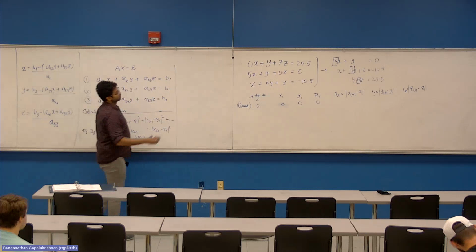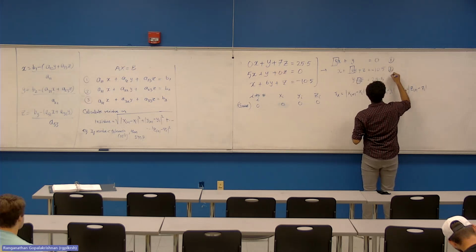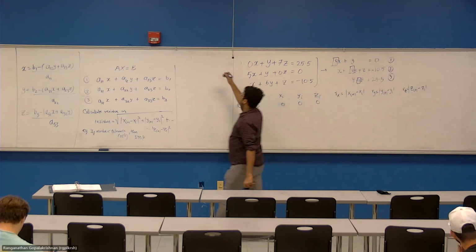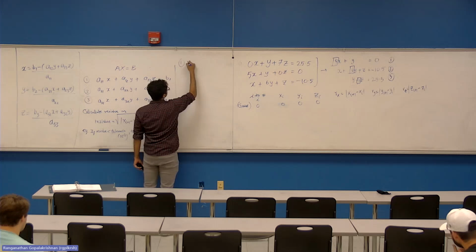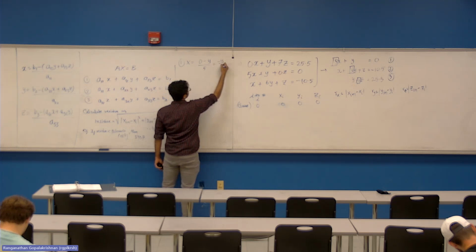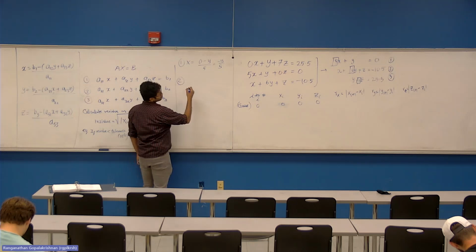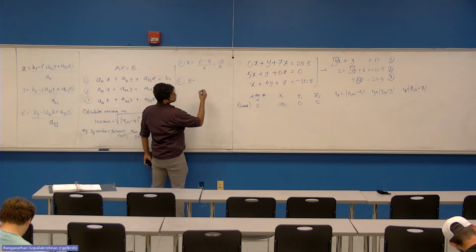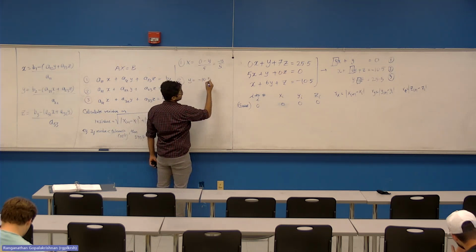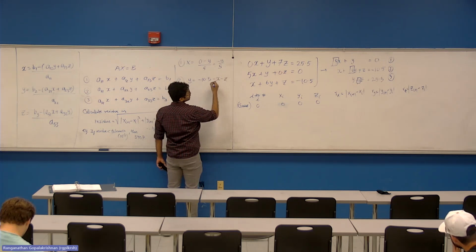Okay. So take your first equation. 1, 2, 3. Equation 1 gives you x equals 0 minus y divided by 5, or simply minus y over 5. Equation 2 gives you y equals minus 10.5 minus x minus z divided by 6.